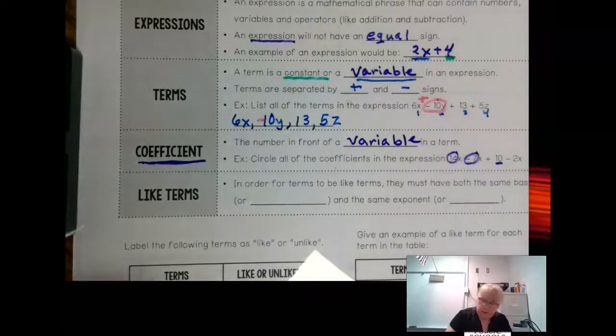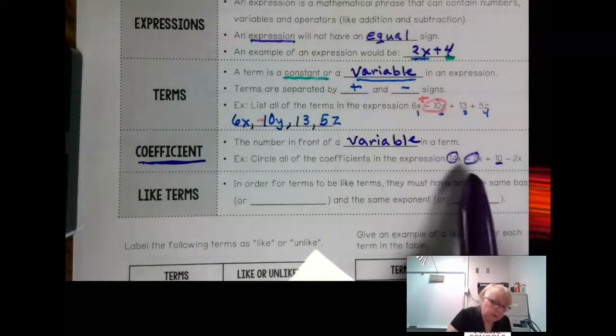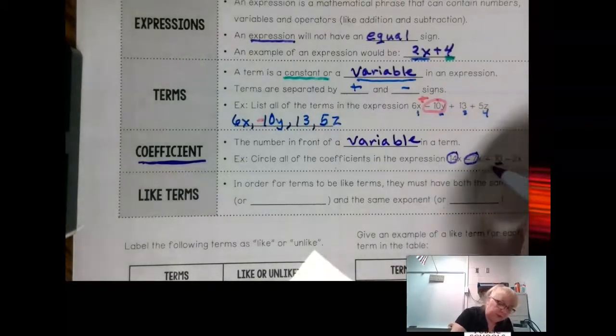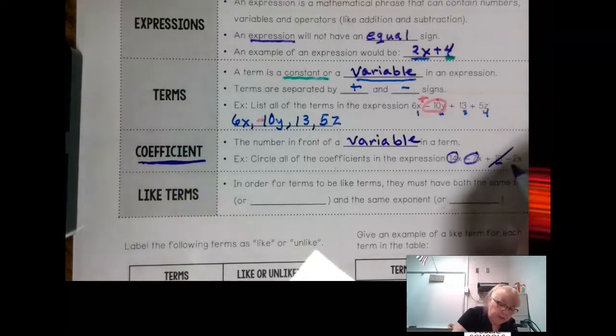Okay, realized you couldn't see that very well. So the coefficients: 14, negative 7, this is not a coefficient because there's no variable, and then here it's negative 2.